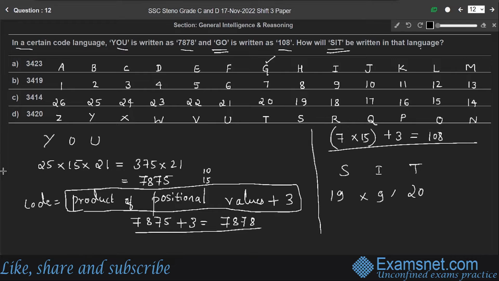Take the product. So 19 into 9 is 171, into 20 is 3,420. So add 3, it becomes 3,423. Option A is the right answer. So the logic is the product of the positional values of each letter plus 3.